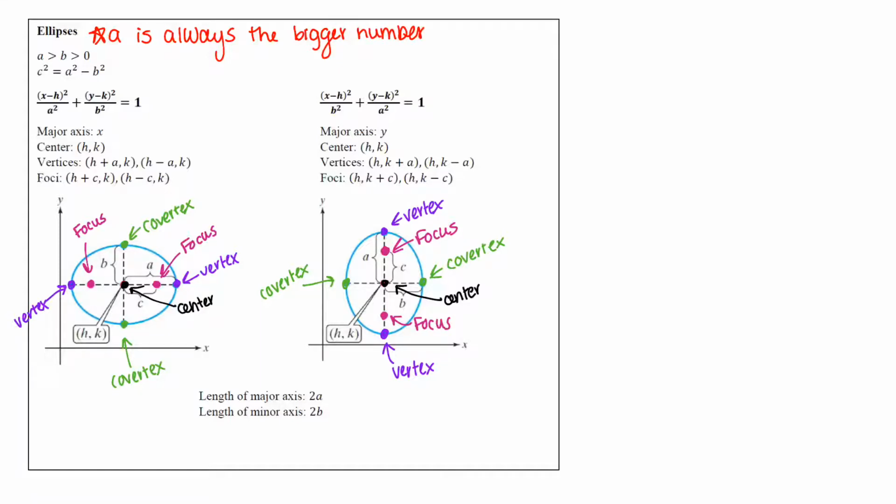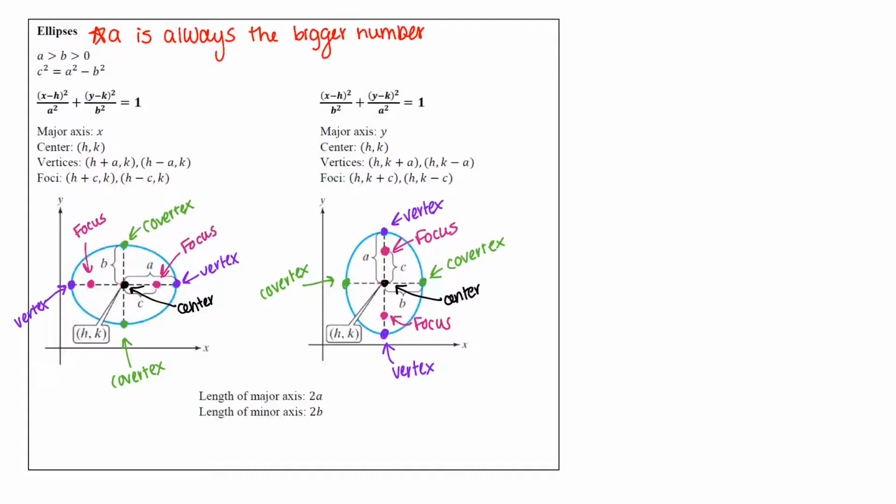What I want you to notice here is that the major axis on this ellipse was the x-axis. A is always the bigger number, and A is underneath this x term here. So if we look at the other picture, major axis is the y-axis, and A is underneath the y.